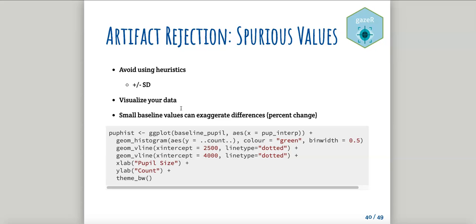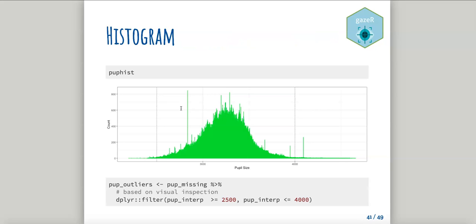Mathôt did this within the context of baseline pupil sizes, but I think that this can be extended to the whole pupil time course. And you can easily do this by looking at a histogram of your data. And if you look at a histogram of your data, you might decide that you want to remove some of the tails. So here, anything less than 2,500 or greater than 4,000, we exclude from the analysis.